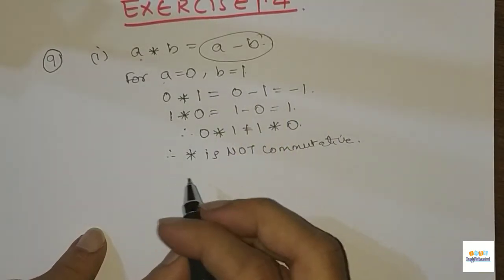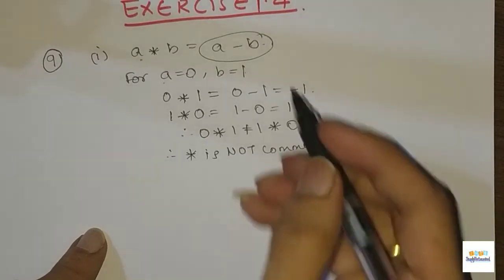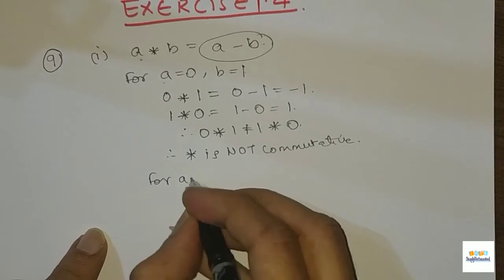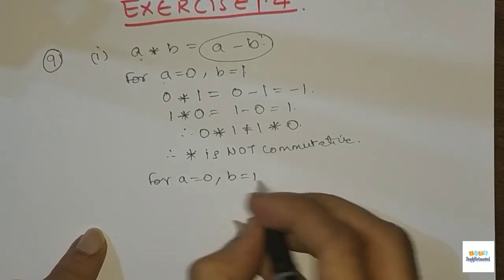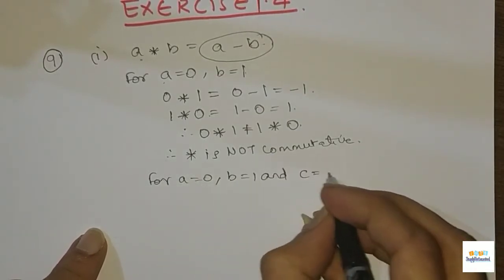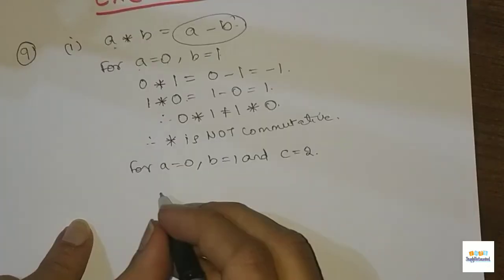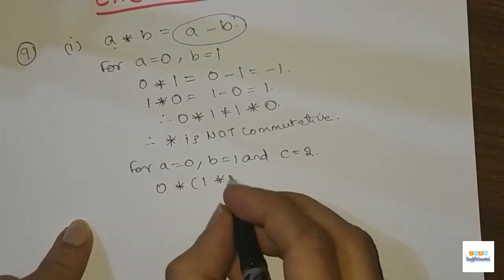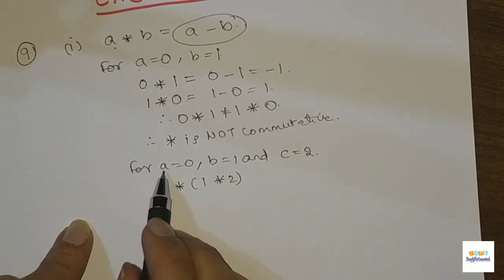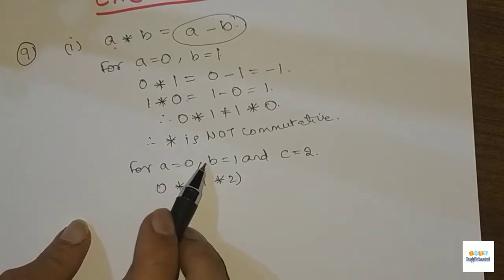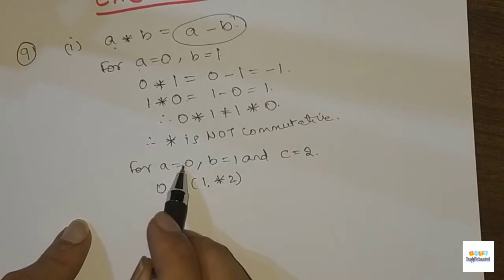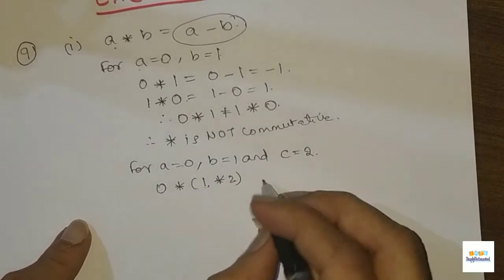Now let us check whether it is associative or not. Also, it won't be associative. Let us check. For a equal to 0, b equal to 1 and c equal to 2, what will you get? 0 star (1 star 2). Why do we have to check this? We have to check a star (b star c). Here a is 0, b is 1, c is 2.